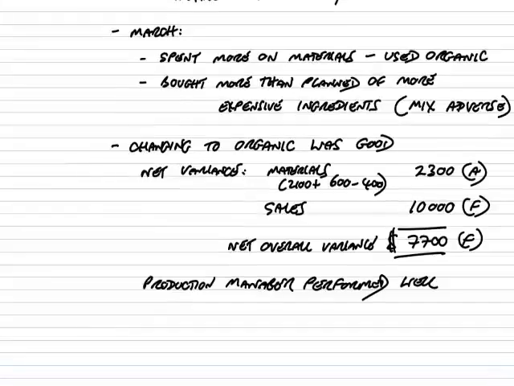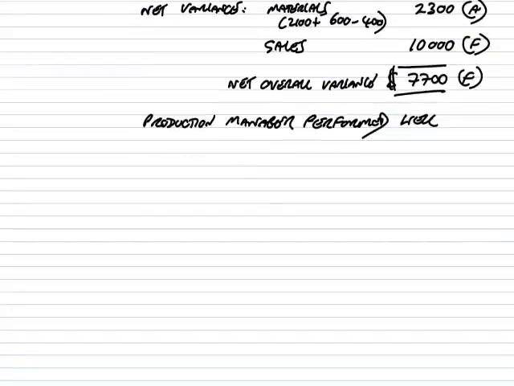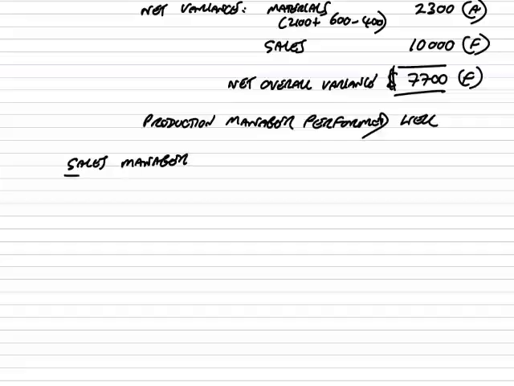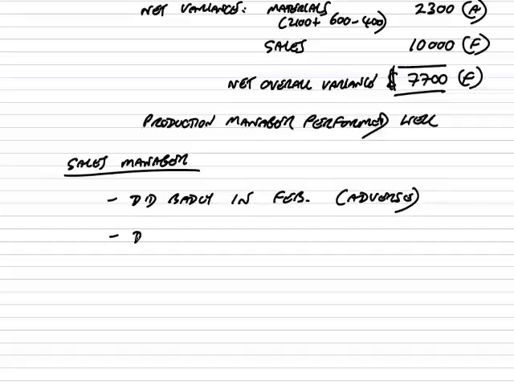However, what about the sales manager? Well, again, in February, he did badly. We've got adverse variances. He did well in March.